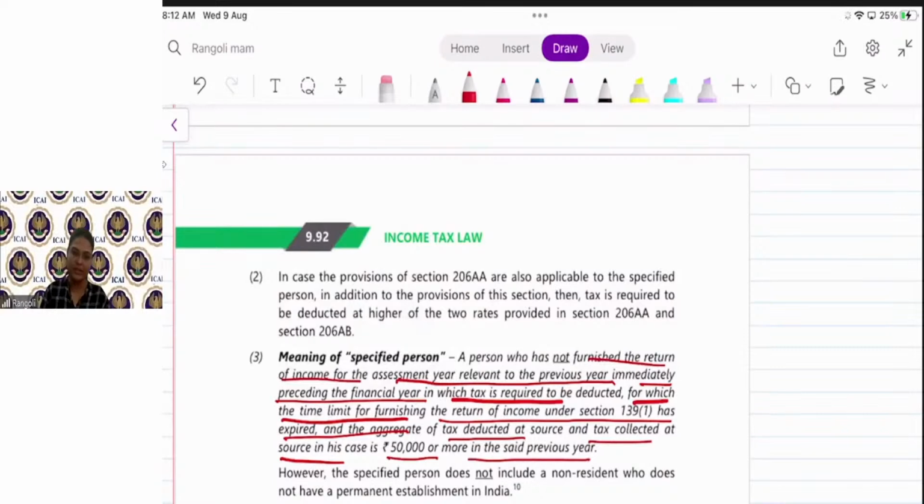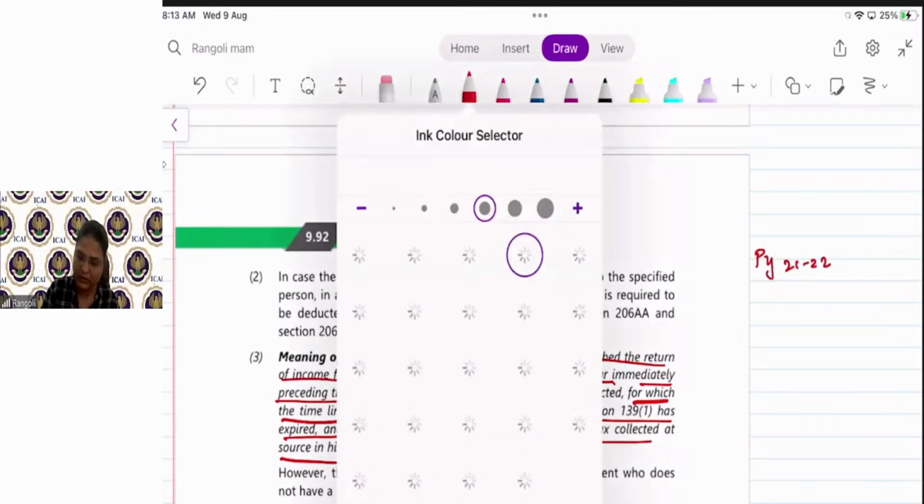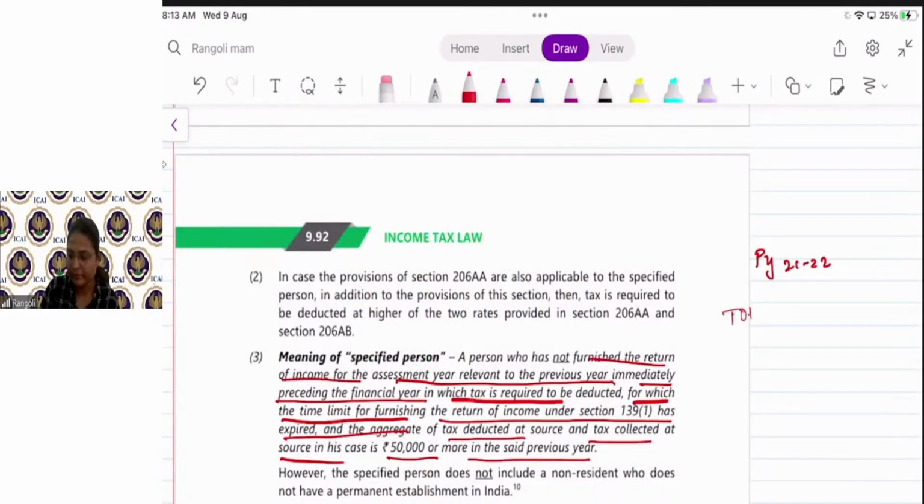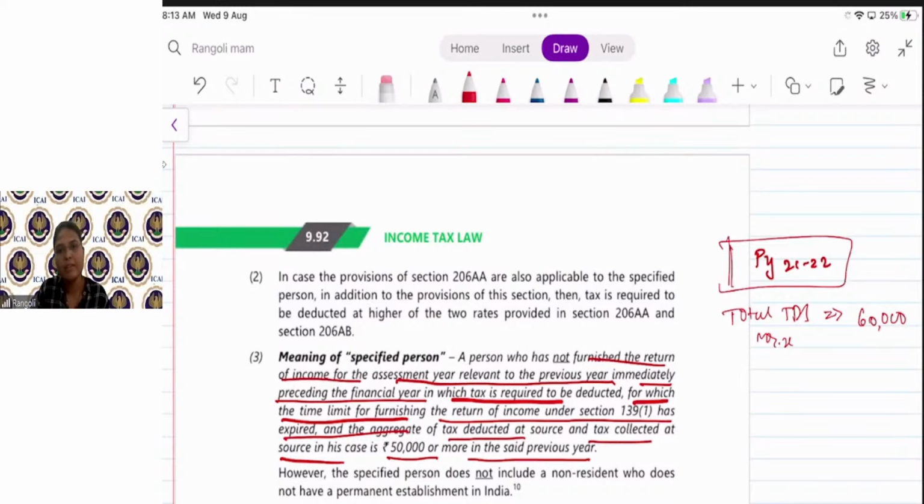So say for example, in previous year 21-22, total TDS deducted on account of Mr. X is 60,000. And Mr. X has not filed return of income for previous year 21-22. And the due date for filing return of previous year 21-22 has expired.